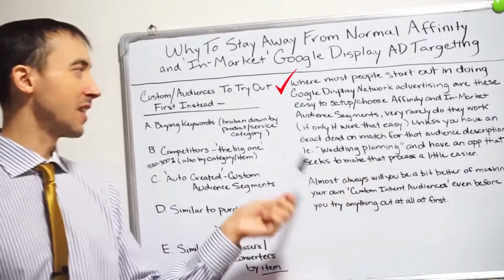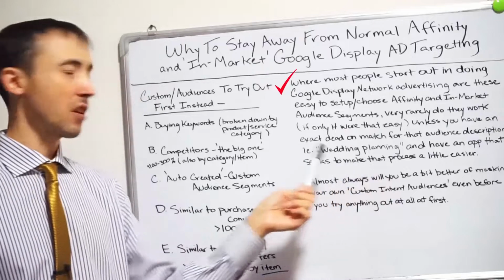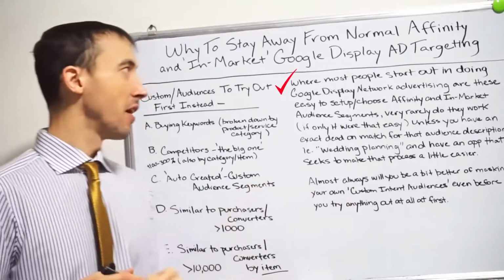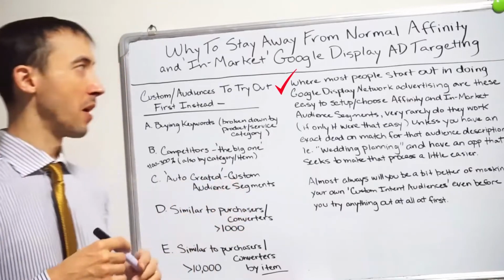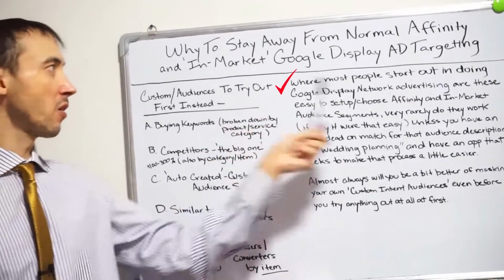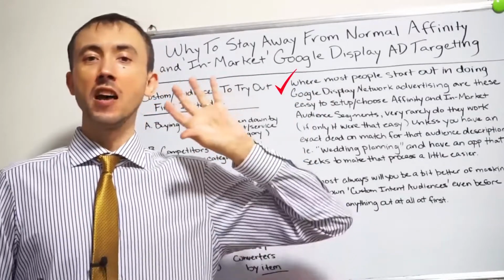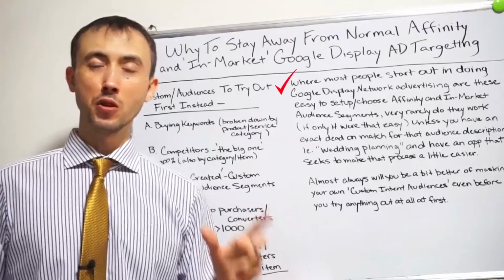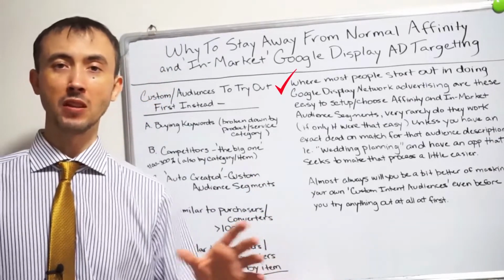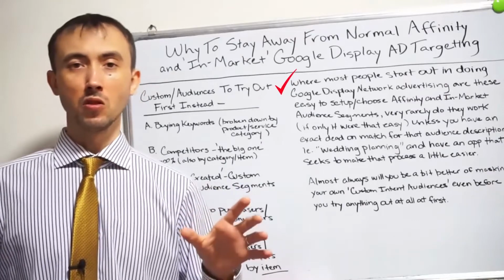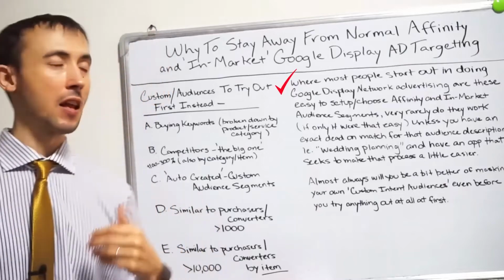So unless you have an exact dead-on match, is what I'll call it, for the audience description that you're trying to target in your Google Display Network targeting settings when you set up the campaign for the first time, if the in-market or affinity segment is not an exact dead-on match for what you do, or who you're trying to target, then basically stay away from it, because that's the only time I get those predefined audiences to work that I don't have to set up through what they call custom audience setup itself.